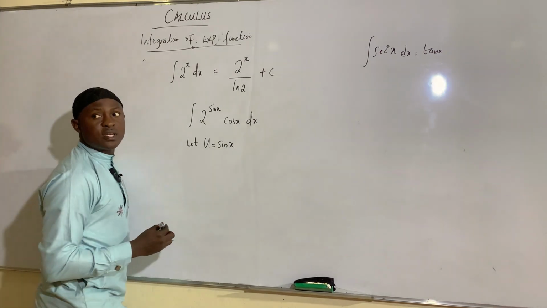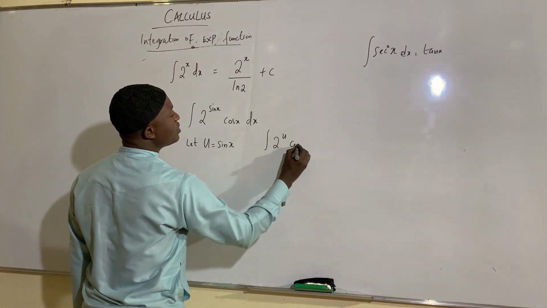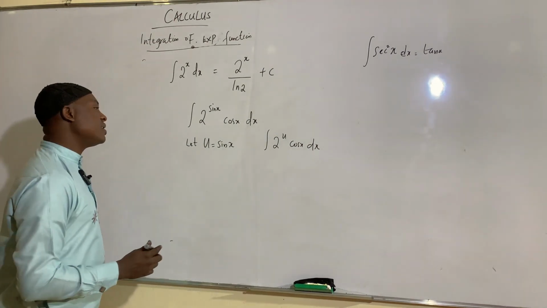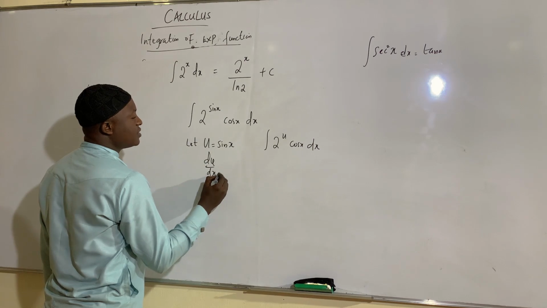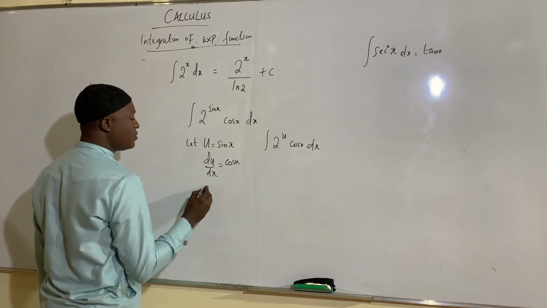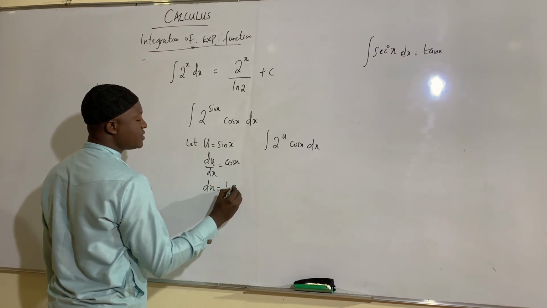So if u is equal to sine x, that means that we have the integral of 2 raised to the power of u cos x dx. I hope you are following me, right? So u and x, we have du dx is equal to the differential of sine x, and we have cos x. So here we have dx is equal to 1 over cos x du.